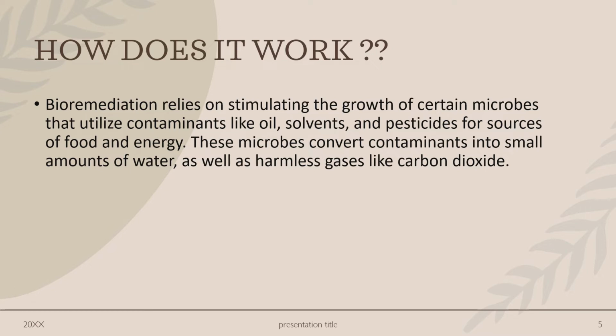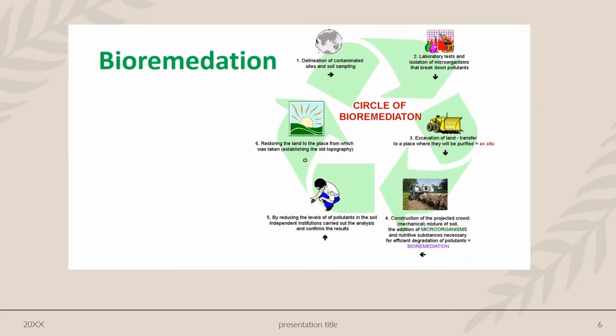The work of these amendments is to optimize the conditions for the microbes to flourish, and they help in accelerating the completion of the bioremediation process. This image shows the circle of bioremediation, how the process of bioremediation occurs.